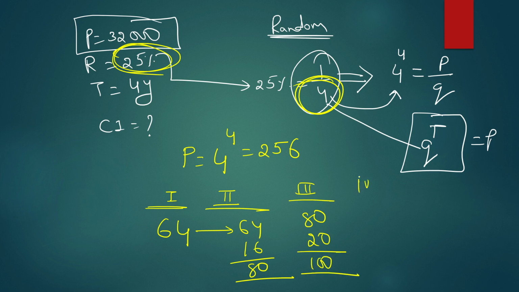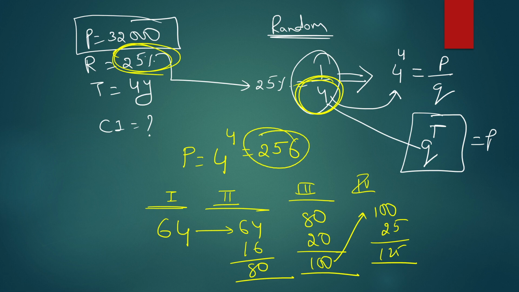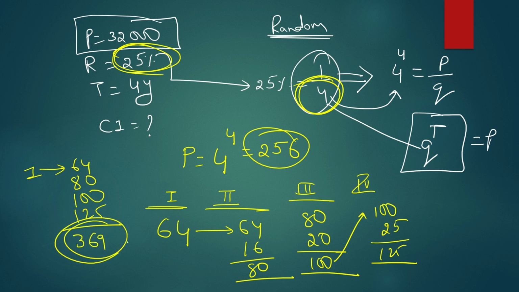For the fourth year I pay this 100 plus 1/4 of 100, that is 25, which is 125. So the interest for 4 years is 64 for the first year, 80 for the second, 100 for the third and 125 for the fourth. This sum gives 369. That means if your P is 256, your interest is 369.